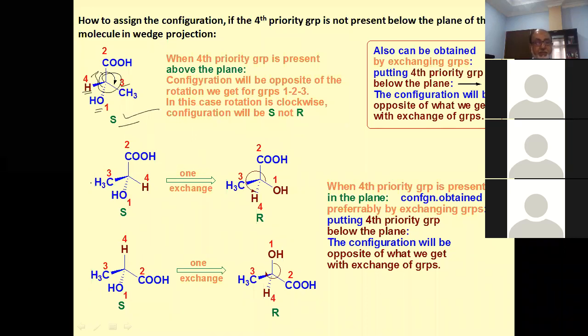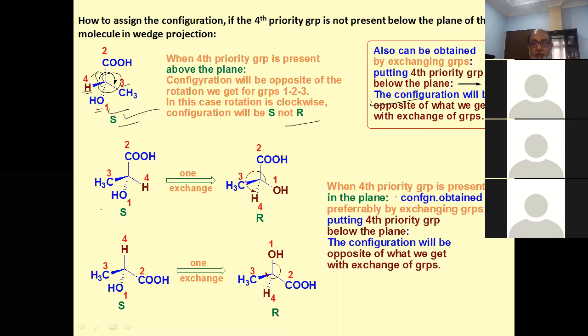Suppose here this structure. Okay, this is being shown here. Now this is when the fourth priority group is present in the plane, that means either here or here.